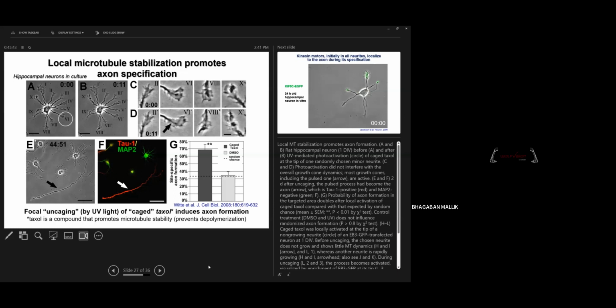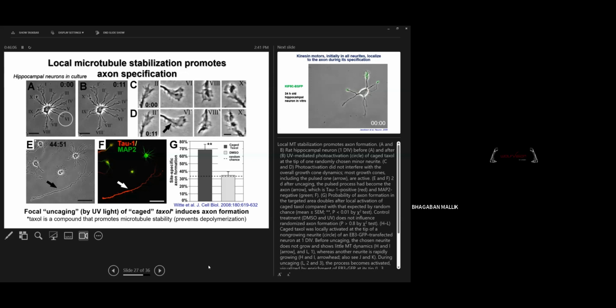You have 10 neurites, labeled neurite 1, 2, 3, and so on. This hippocampal neuron is cultured with a pharmacological agent called caged taxol, and taxol actually stabilizes the microtubules.